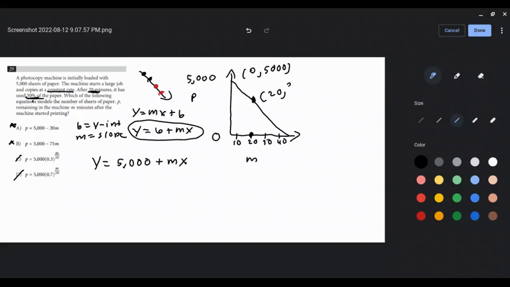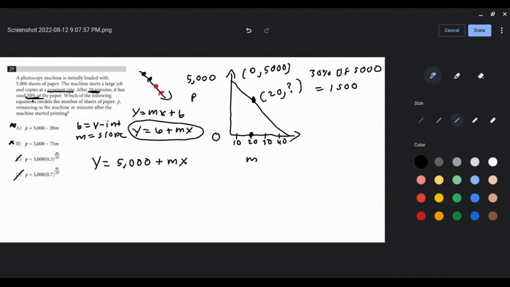And we don't quite know the y value, but we do know that we used 30% of the paper. So I'm going to take 30% of 5,000, which is 1,500. But that's not the y value because that's the amount that we used. As said before, the y-axis is the amount of paper we have left.